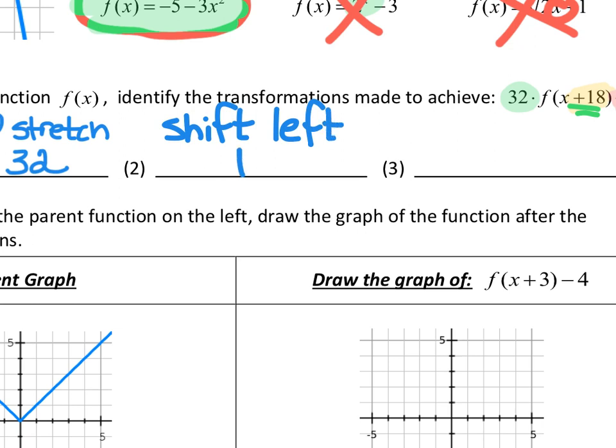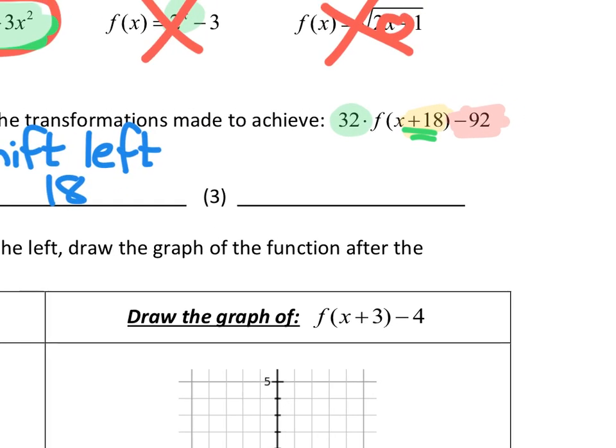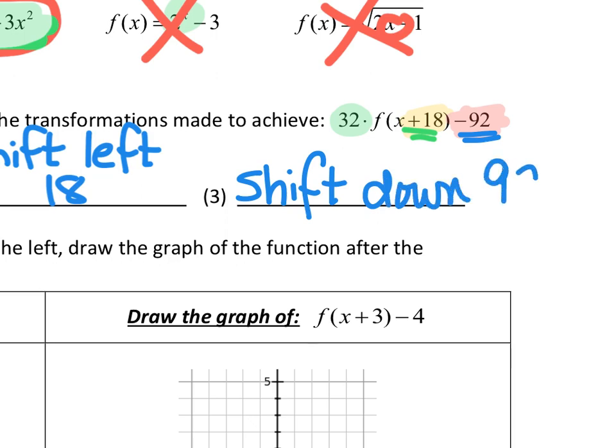And you tell us how far you shifted to the left. So shift left 18. Finally, the 92 is outside the parentheses. If a number is added or subtracted outside the parentheses, that's going to be a shift up or down. And since outsiders don't lie, that's going to be a shift down 92.